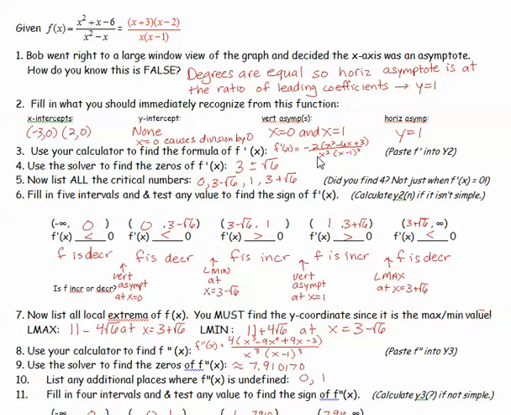So now if you go to the home screen or to the graph screen and find out where is the first derivative equal to 0, that would be when the numerator is equal to 0. And not surprisingly, you could do that by quadratic formula also. So you should come up with two different places where the first derivative is 0 and two places where the first derivative is undefined. So do you see four critical numbers?